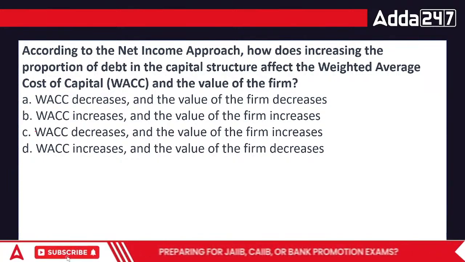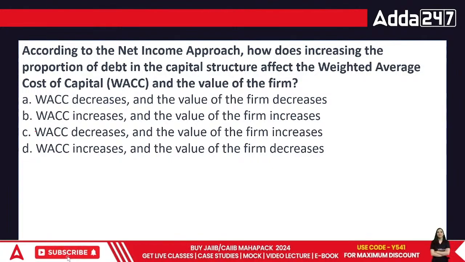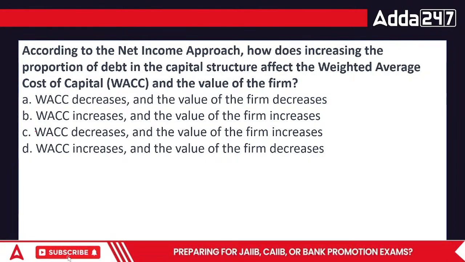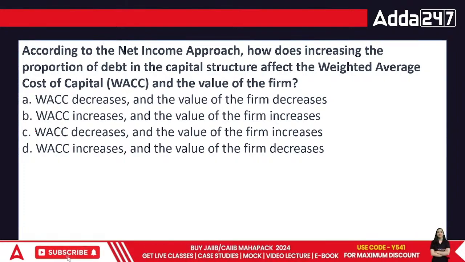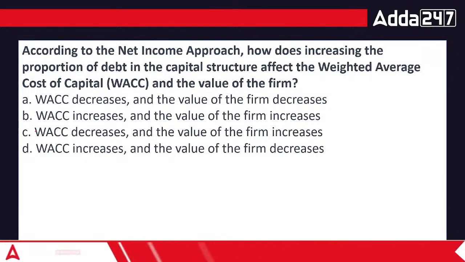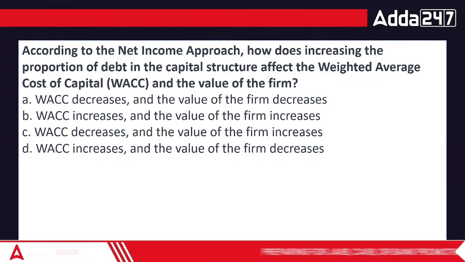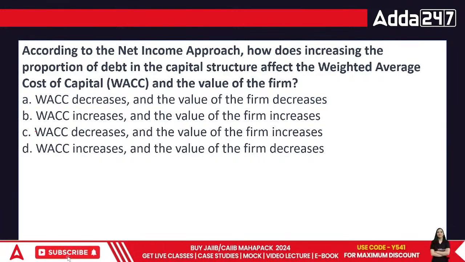WACC. Everyone, what would be the value of WACC? Weighted average cost of capital is basically that particular part of the capital which is multiplied by each other, but in proportion of those things.